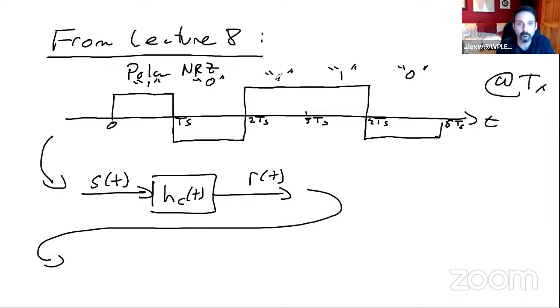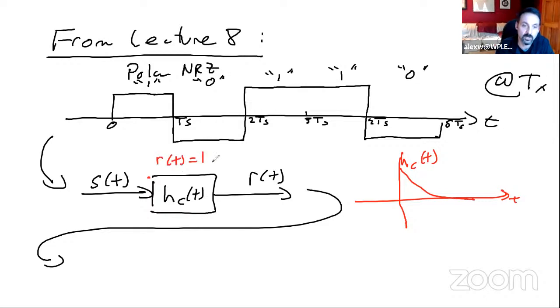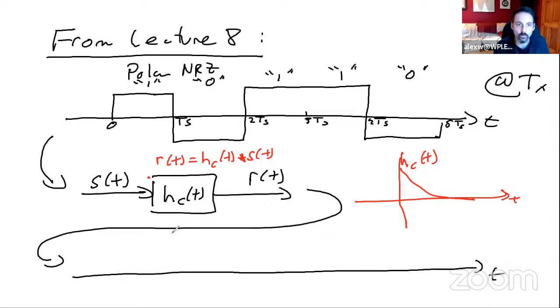At the receiver, if we have some sort of characteristic of h_c(t), the impulse response looks like something like that. That's a problem. Because how does the output look given this h_c(t)? r(t) is going to be equal to the convolution of h_c(t) with s(t). So what we end up getting is something that would look like this. We get this smearing distortion looking thing.